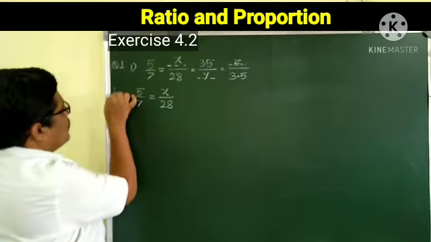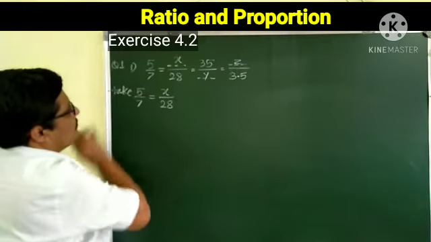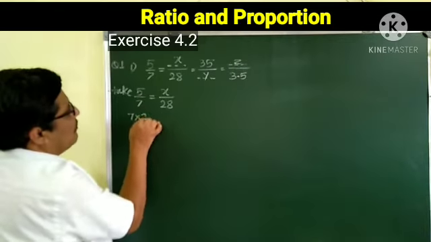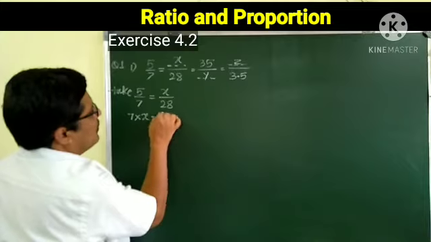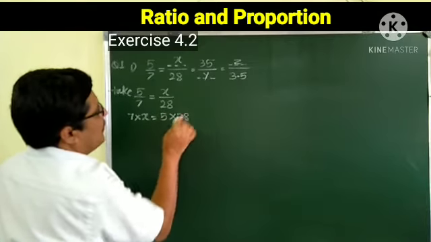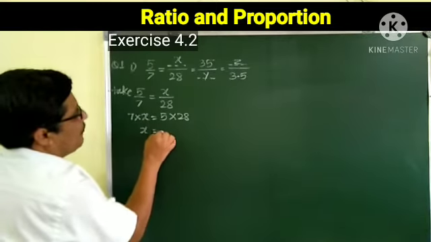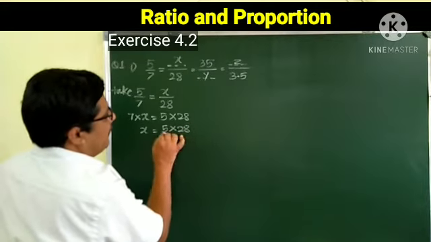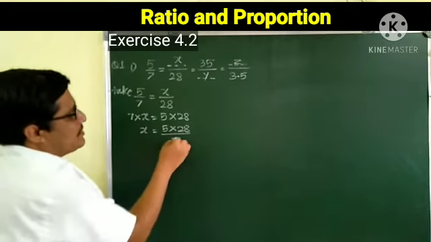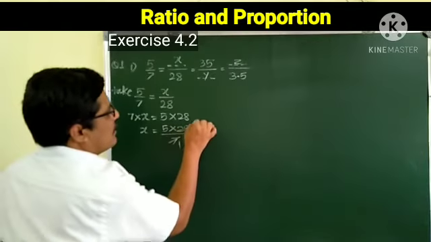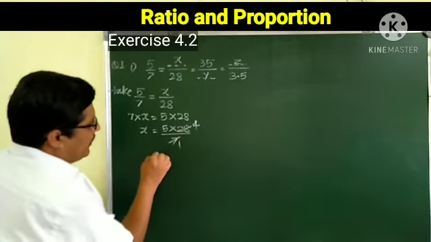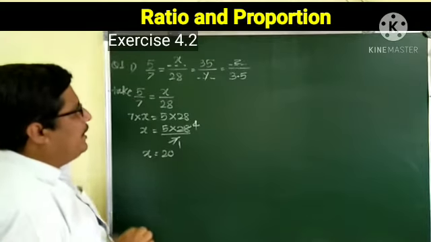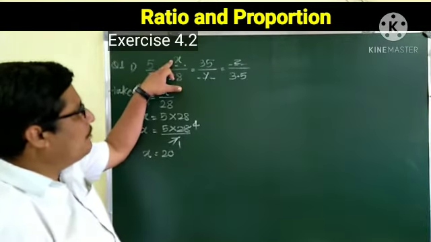So here we take cross multiplication. 7 multiplied by x is equal to 5 multiplied by 28. Therefore, x is equal to 5 multiplied by 28 divided by 7. 7 1 is 7, 7 4 is 28. So 20. X is equal to 20. That means this value will be 20.